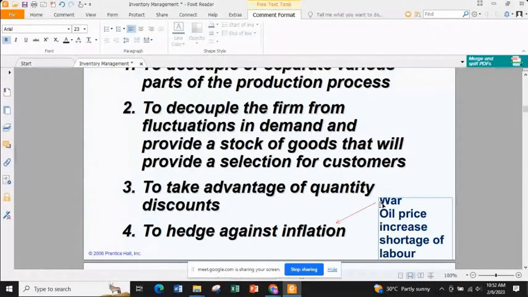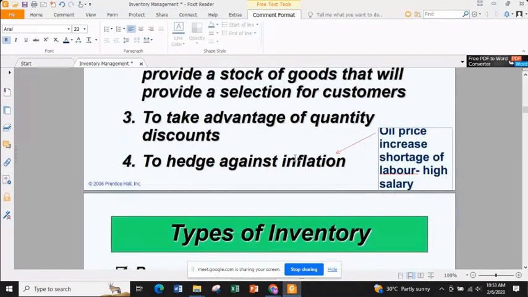Because of this, your cost will increase, along with the oil price increase and the shortage of labor, the increase of salary, high salary. So you need to consider that in your product cost. Okay, so that's the advantage when you have a proper inventory.